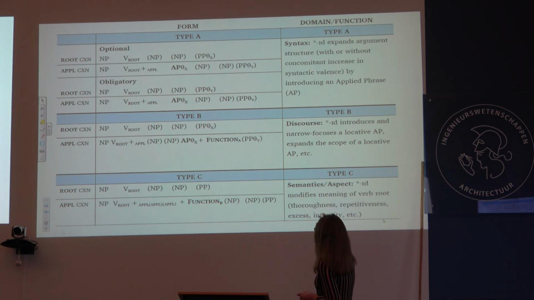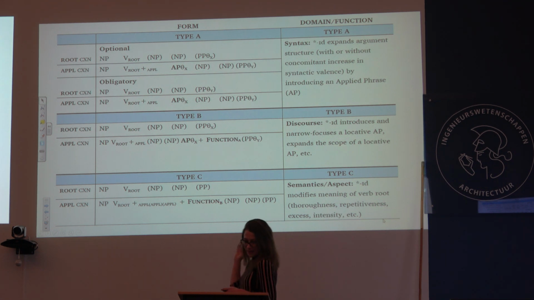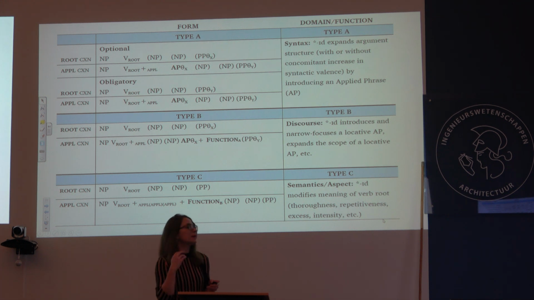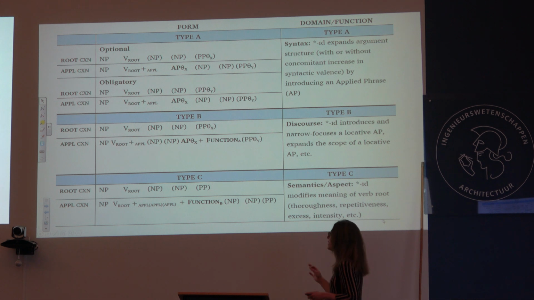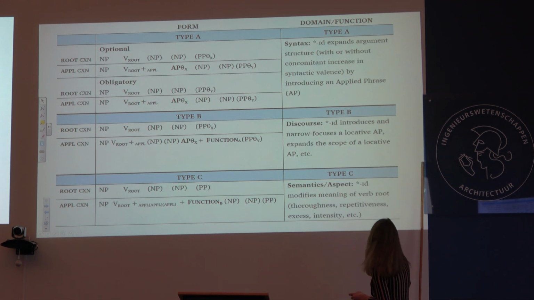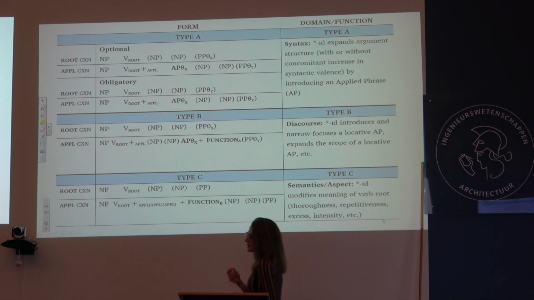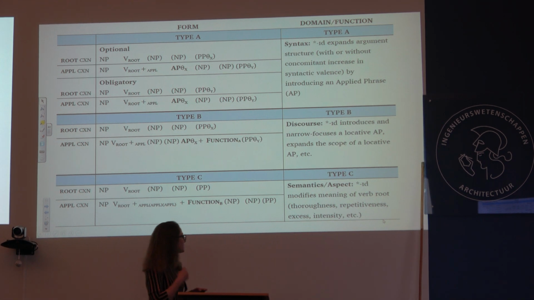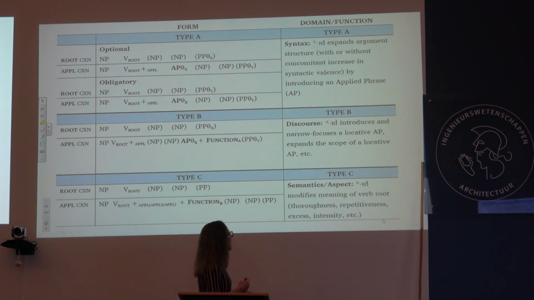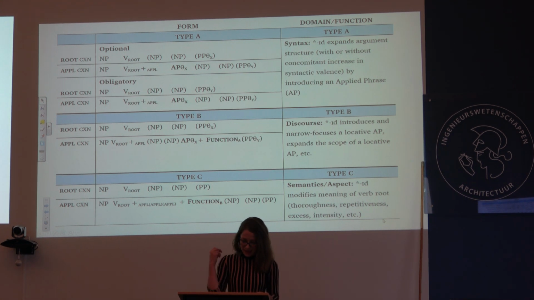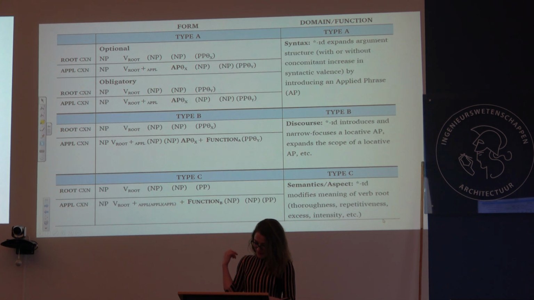And in type C, this morpheme has a semantic or aspectual-like function where it does not introduce anything, but rather modifies the meaning of the verb root by adding semantic nuances such as thoroughness, completeness, repetitiveness, excess, etc.